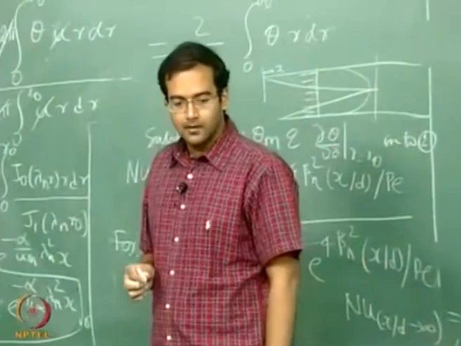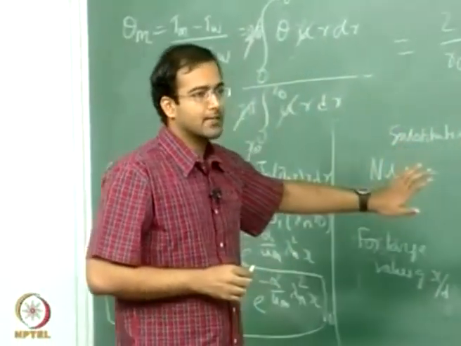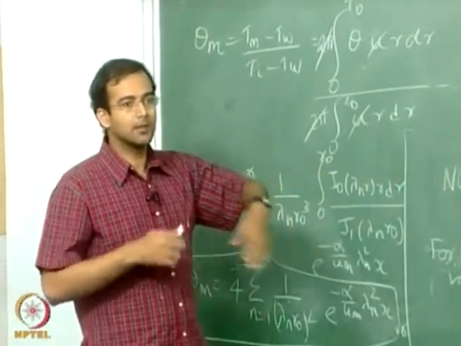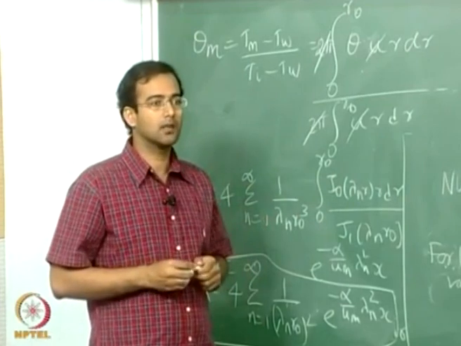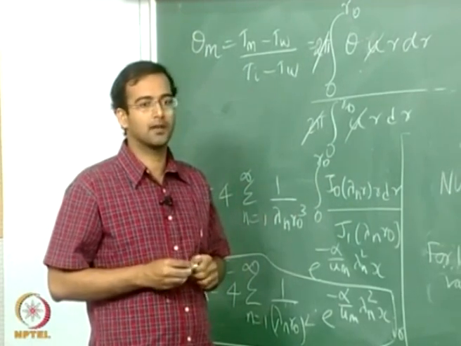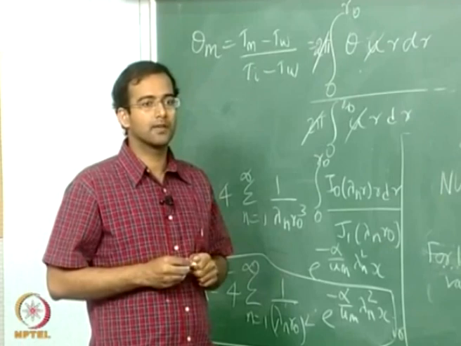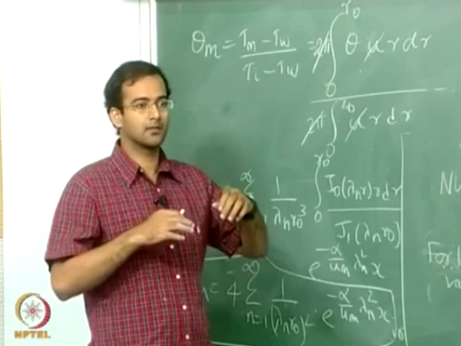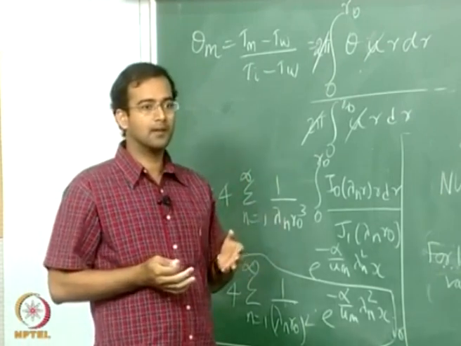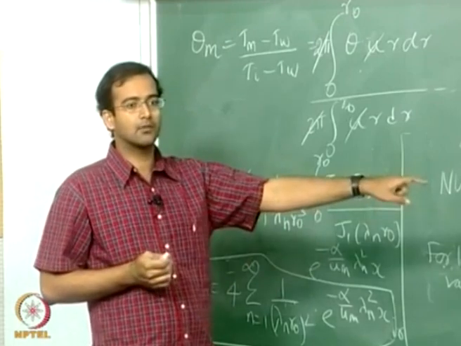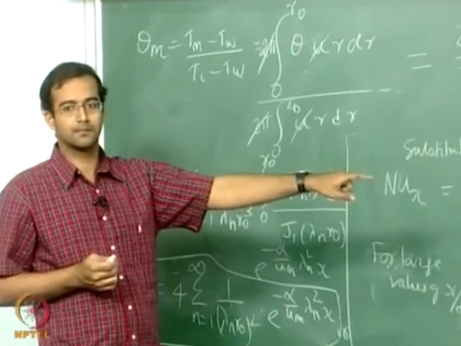So this is the classical Graetz problem, where he assumed a plug flow. Tomorrow we will do an extension of the Graetz problem, first to a parabolic velocity profile. Then you should reach the value you got earlier, 3.6.